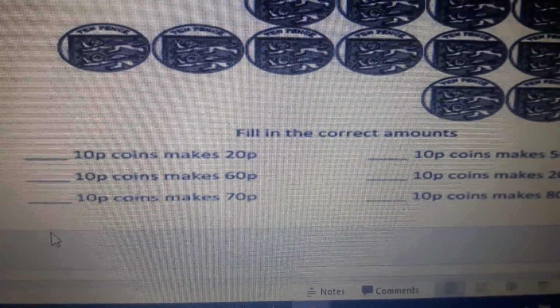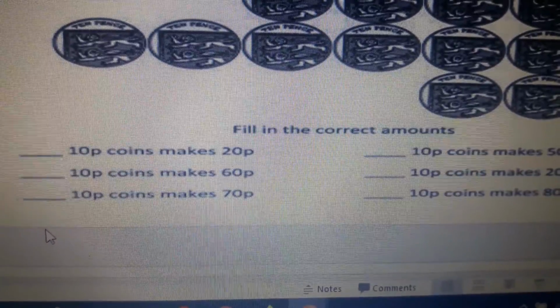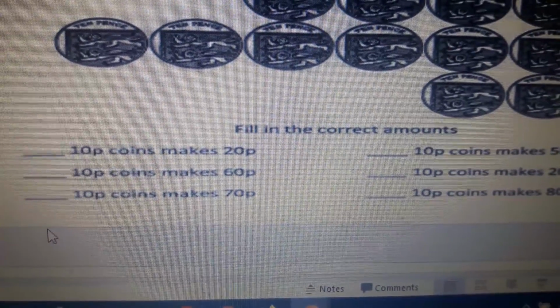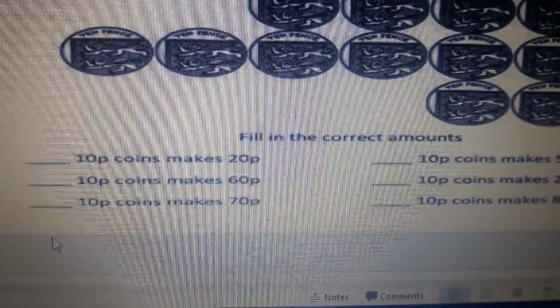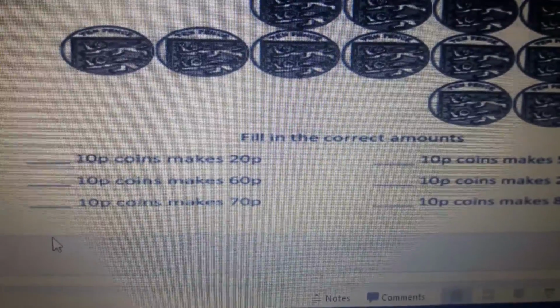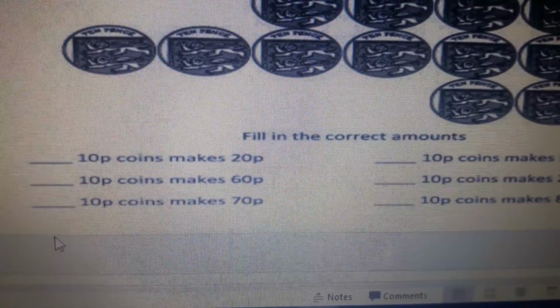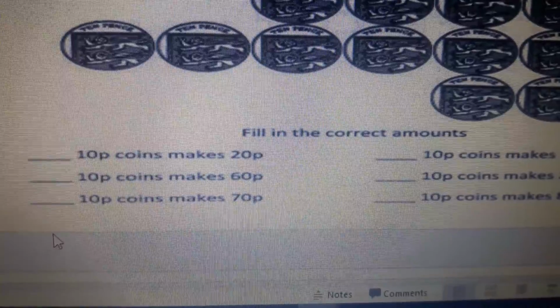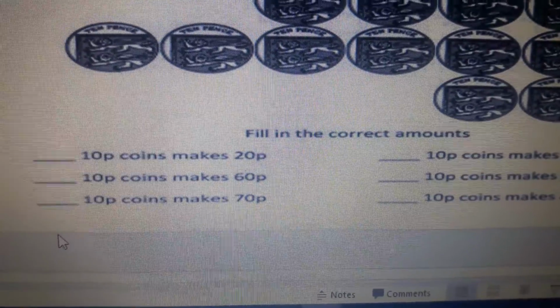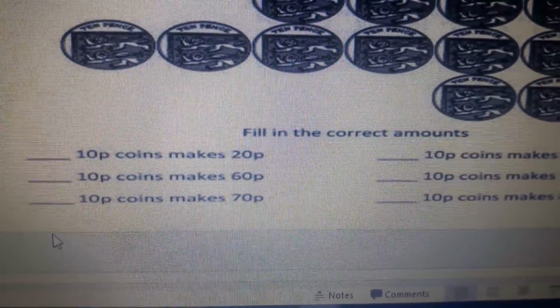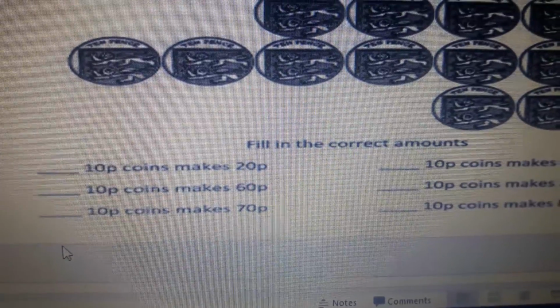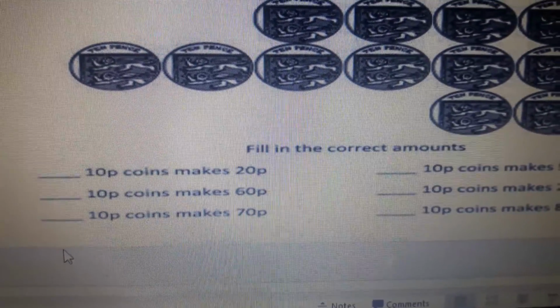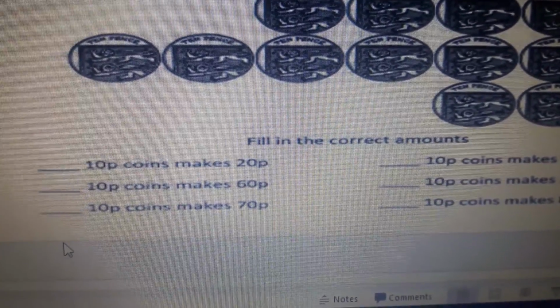Okay, so how many coins makes this money, which is 20? So 10 times what equals 20? So it will be 10 times 2. So we need 2 coins of 10 penny or 2 coins of dime.